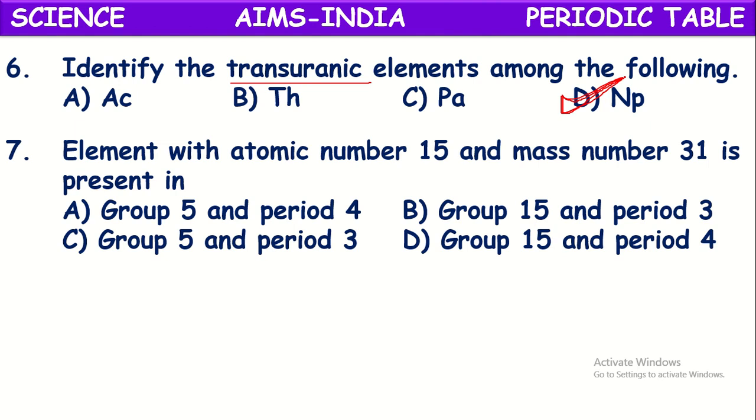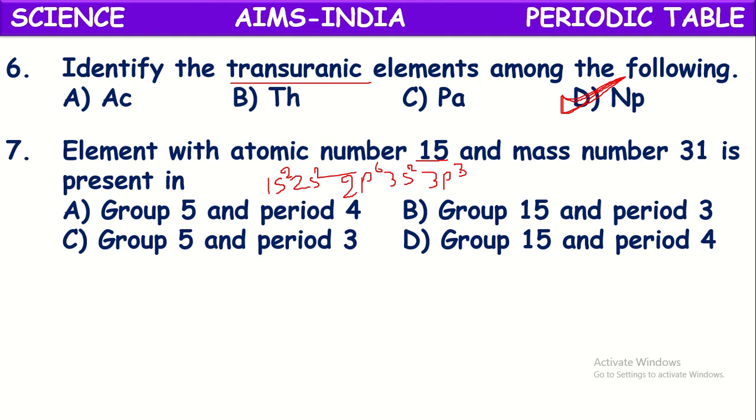They have given the atomic number 15, so if you write the configuration, 1s2, 2s2, 2p6, 3s2, 3p3.